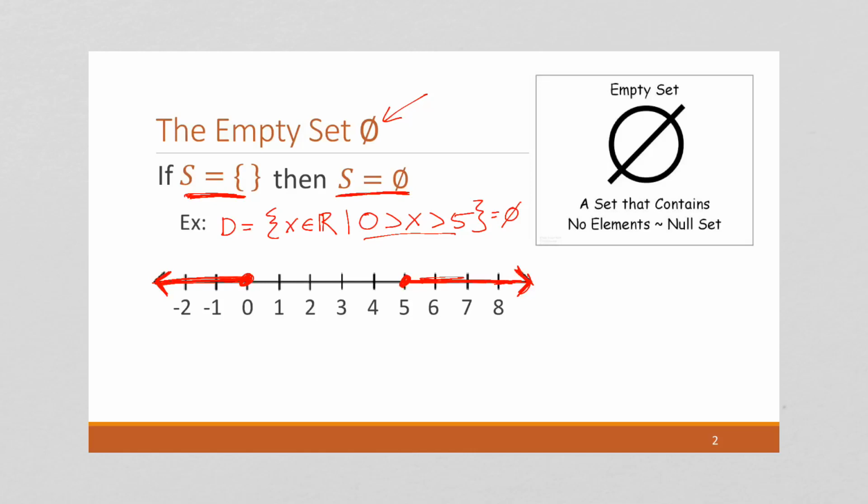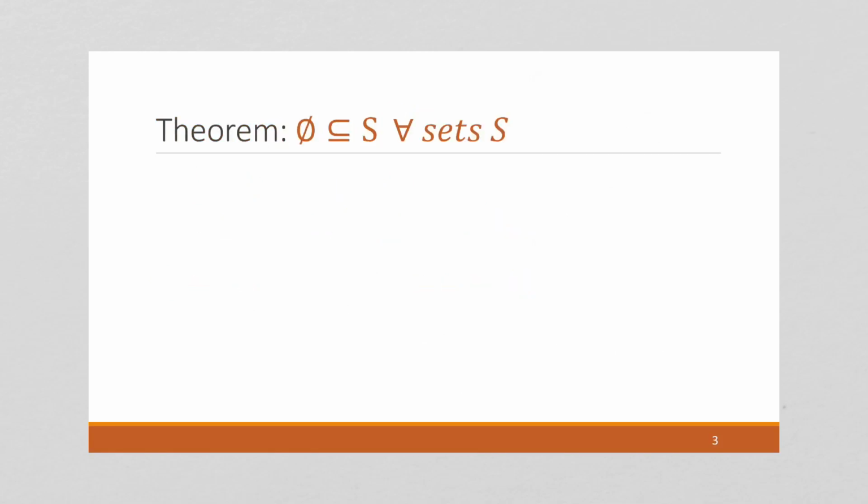Okay, and it turns out that the empty set is kind of interesting. So let's take a look. What I'm going to say is that the empty set is a subset of all other sets. That's what this theorem says.